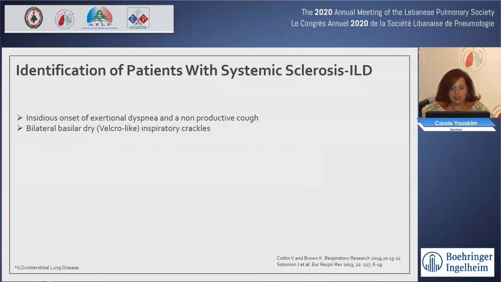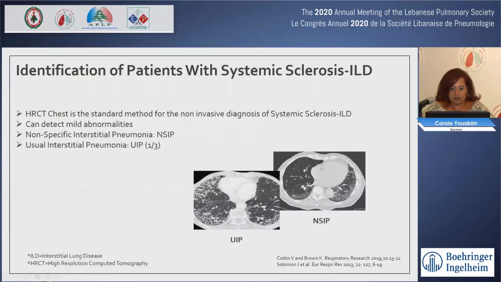Patients with systemic sclerosis usually present with a dry cough, chronic progressive exertional dyspnea, and bibasilar Velcro-like crackles on physical exam. But respiratory symptoms may not be present in all patients with systemic sclerosis ILD. This is why high-resolution chest CT is the standard method for the non-invasive diagnosis of systemic sclerosis ILD, and can detect even mild abnormality.